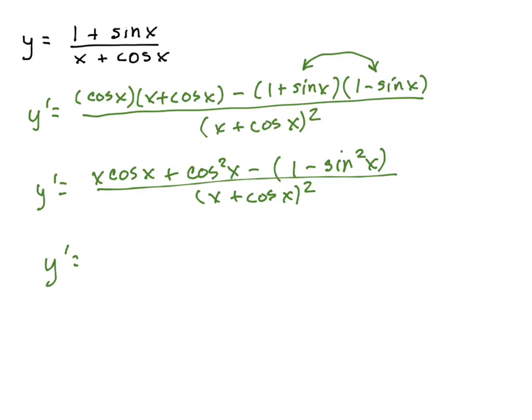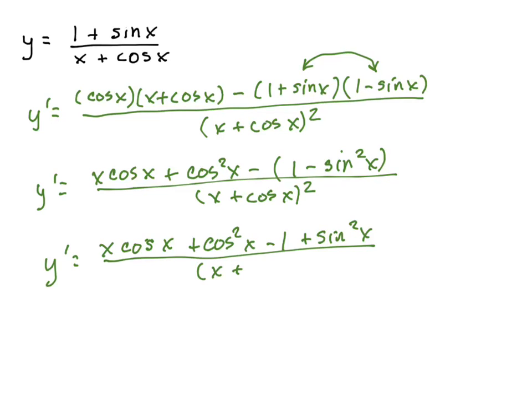If we distribute this negative, we have x cosine of x plus the cosine squared of x minus 1 plus the sine squared of x, all over x plus the cosine of x, squared.